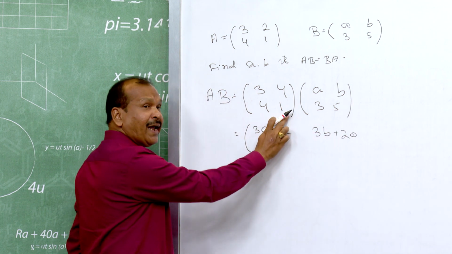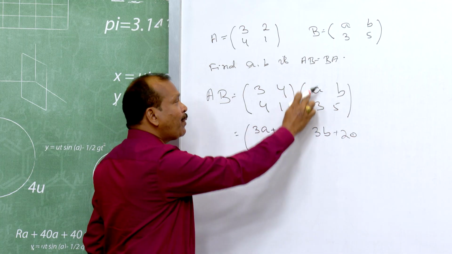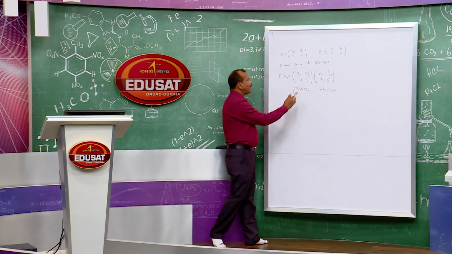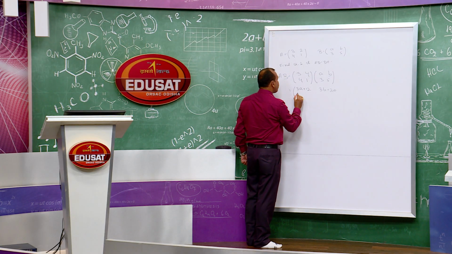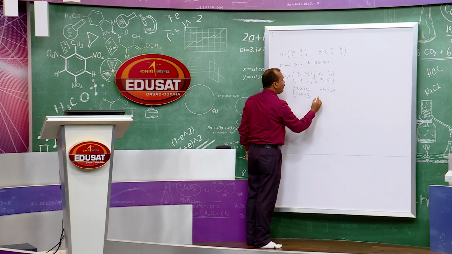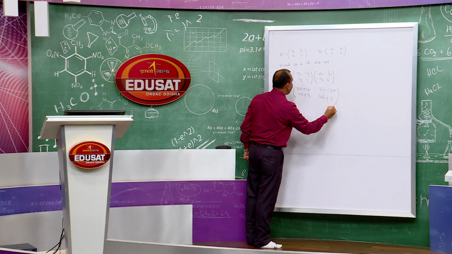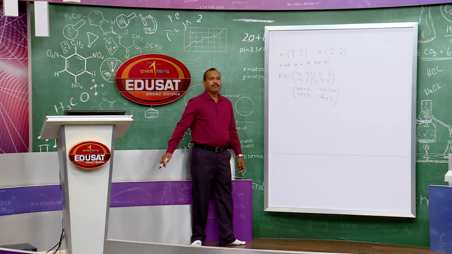And the second row of the first matrix with the first and second columns of the second matrix, that is equal to 4a plus 3. Similarly, 4b plus 5, that becomes AB.